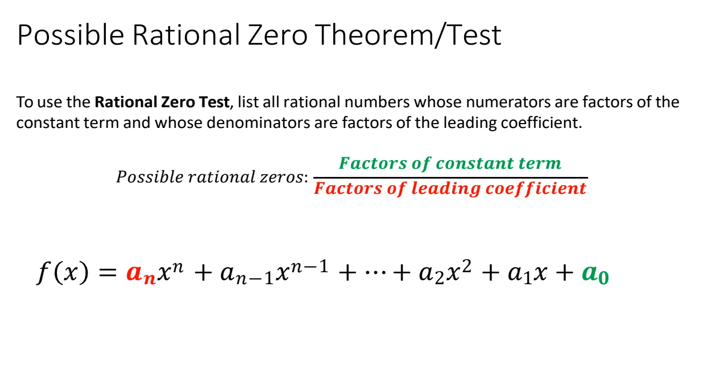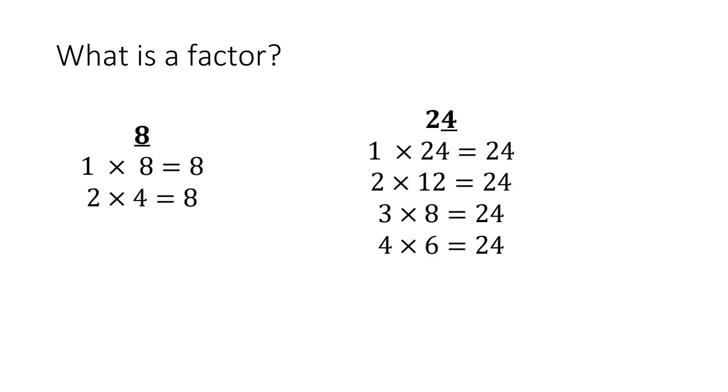The factor of the constant term is the one with no x value. This is the last term, the a0, so it's the green one. And the leading coefficient, if you guys remember, is the coefficient that is associated with the degree of the polynomial. So the one with the highest exponent, the leading coefficient is the coefficient that's in front of that leading degree. Yes?